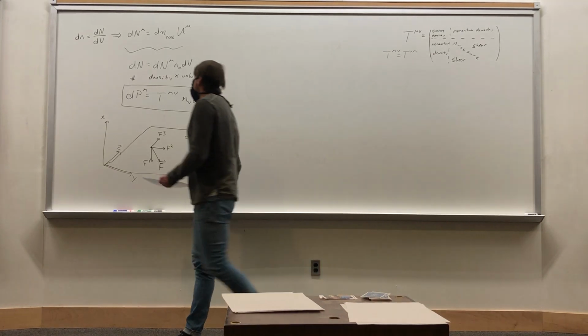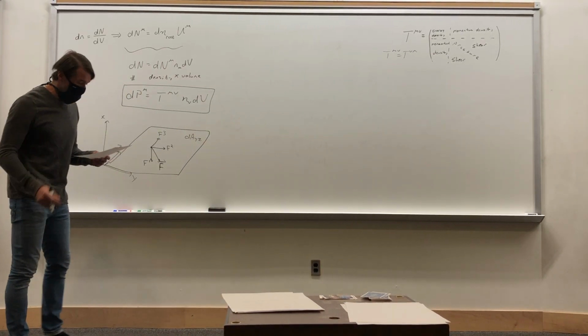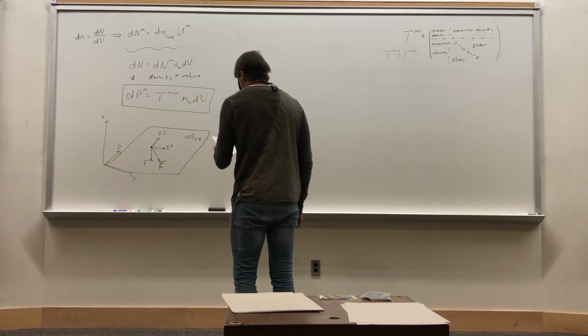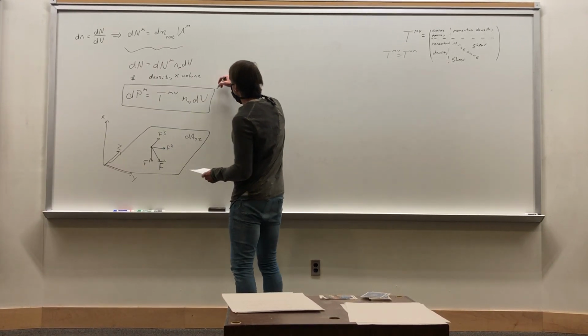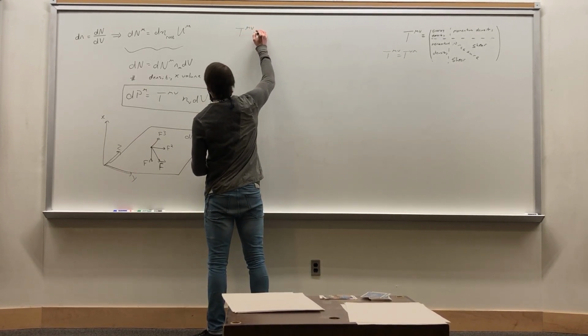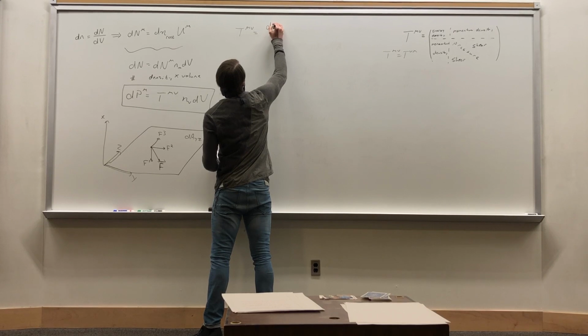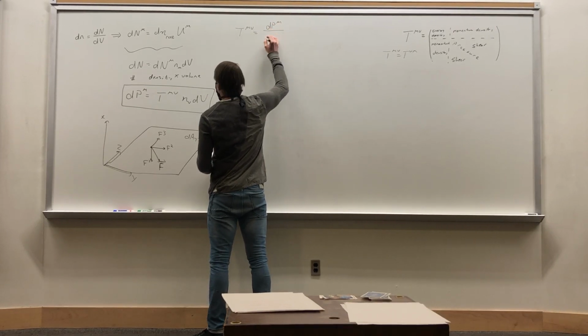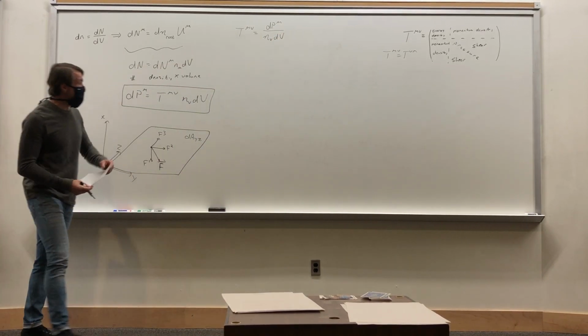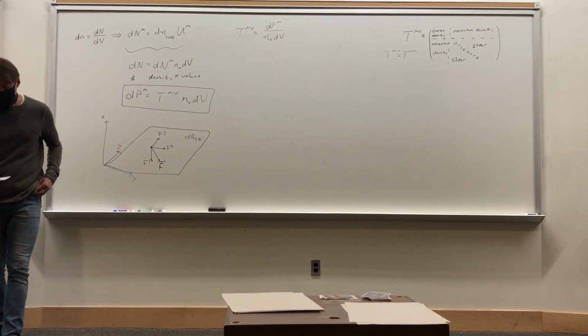And then we'll look at some examples of what the energy momentum tensor looks like. Now recall from this expression, we can write T mu nu is basically dp mu divided by d eta nu dv. Okay, that's just taking this and rearranging it.